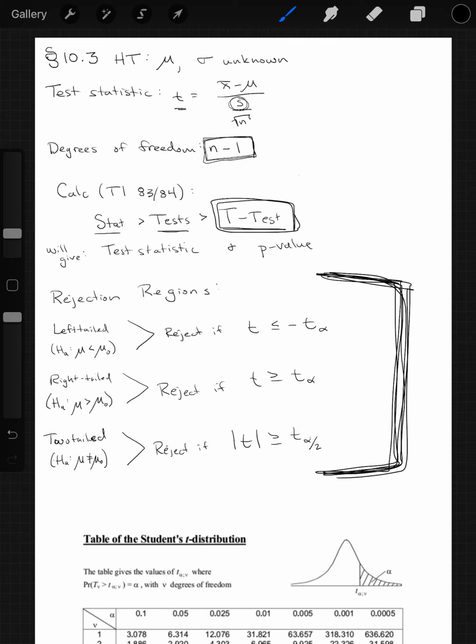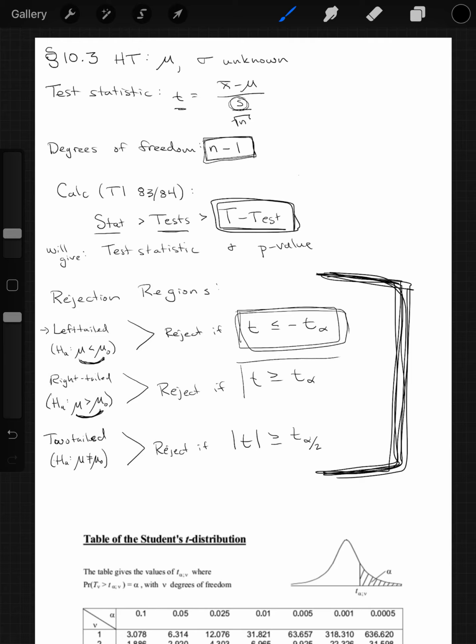And those work exactly the same. Left-tailed still means that the alternative hypothesis is that mu is less than something. And this statement right here is exactly what it was last section, except all of the z's have magically turned into t's. Same for right-tailed. That means that our alternative hypothesis is talking about mu being greater than some number.